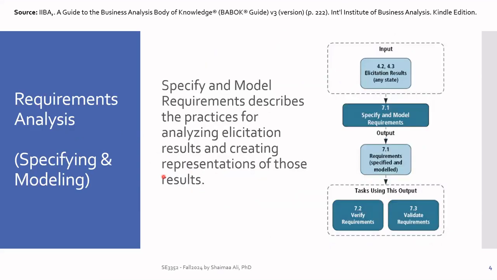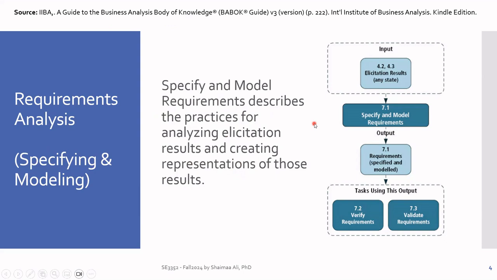Now, when we talk about requirements analysis, in the business analyst guide, requirements analysis includes specify and model requirements, which describes the practices for analyzing elicitation results and creating representations of those results. If you remember the definition of the requirements that we talked about, a requirement is a representation of a need.